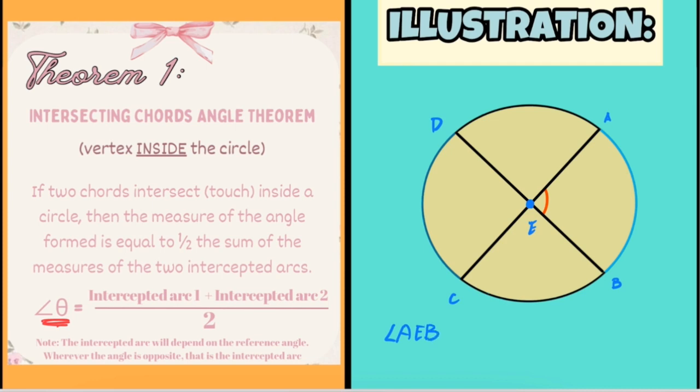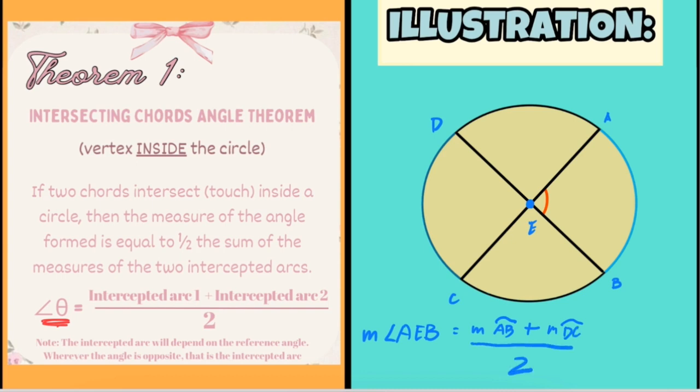Can't even understand my own writing. So in this case, the measurement of angle AEB is equal to the measurement of arc AB plus the one opposite to it, the measurement of arc DC, all over 2.